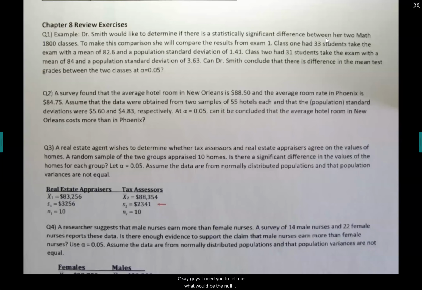Okay, guys, I need you to tell me what would be the null and the alternative. The question is, is there significant difference in the values of the homes for each group? Let's assume mu1 represents the population mean of the tax assessors' values and mu2 the real estate appraisers' values.